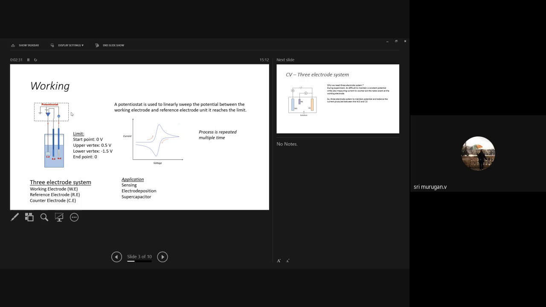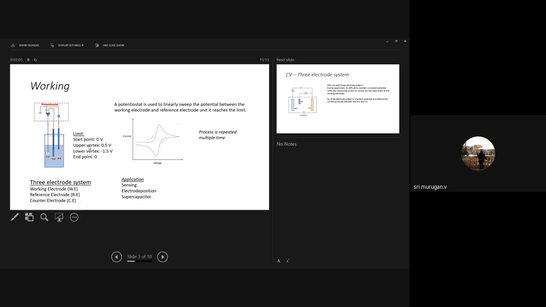Once connected, we use the potentiostat to sweep the voltage from the working electrode to the reference electrode. We set some limits, so initially we have to set the starting potential and the end potential.